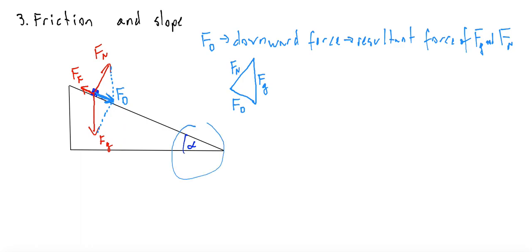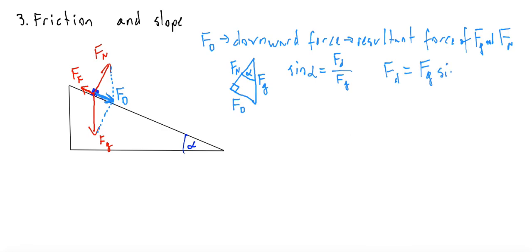The angle of the slope is also here. And you remember the trigonometric function which links Fd with Fg is sine of the angle, because this angle is a right angle. So sine of alpha is Fd over Fg. So Fd is Fg sine of the angle.